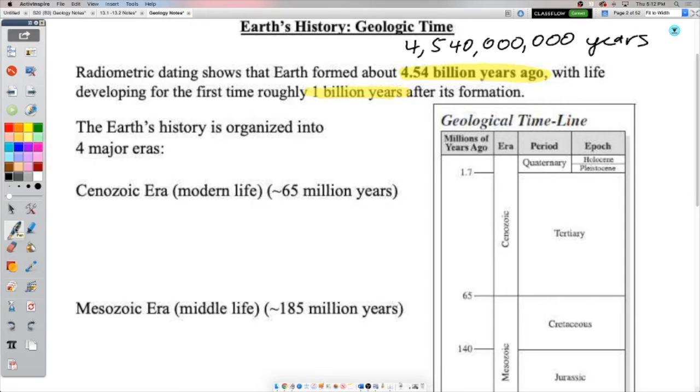Ceno literally means new or modern, and Zoic means life. So you guessed it, this is the most recent one. We are actually living here now. You are here. You're at the very end of it. So what is the characteristic life that defines the Cenozoic era?